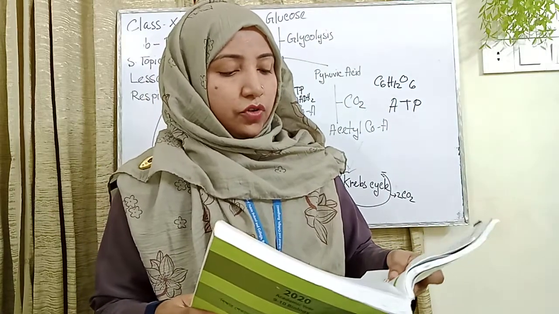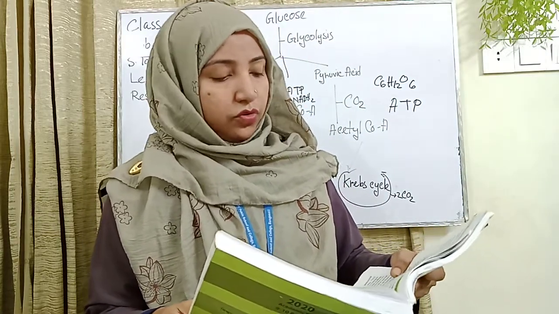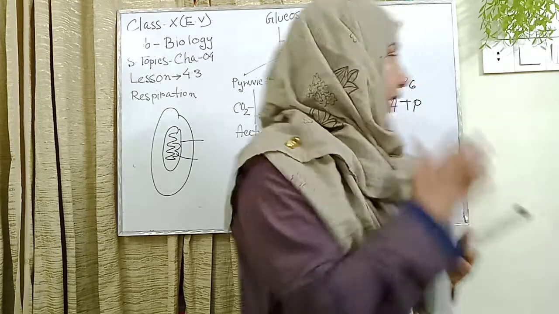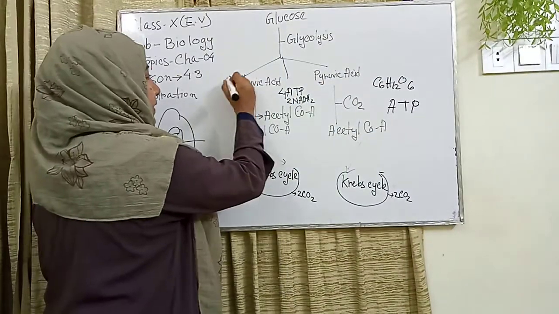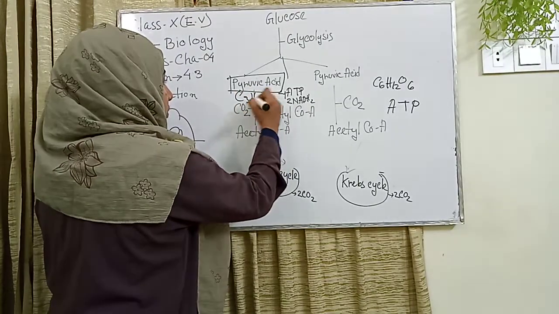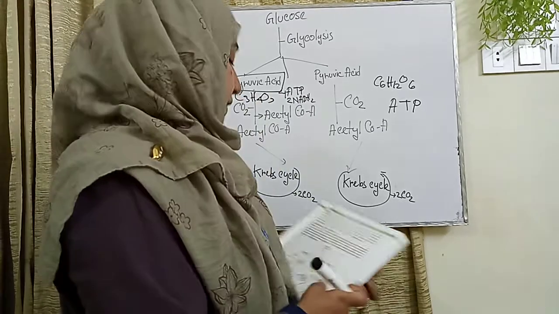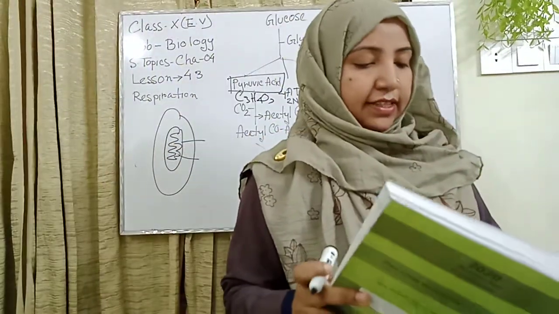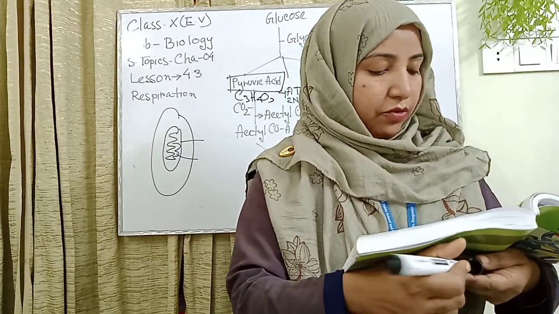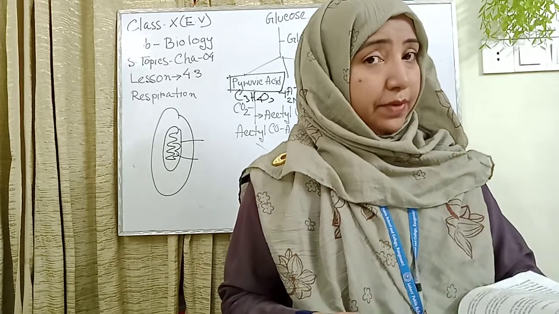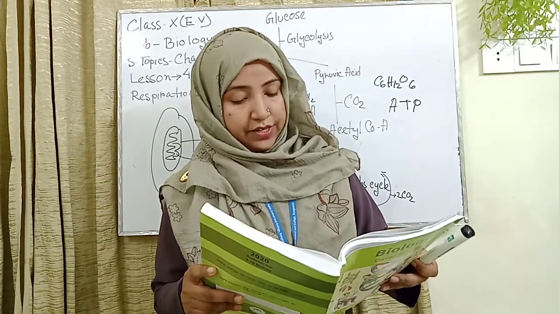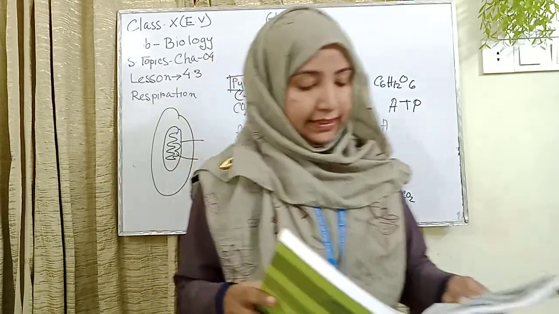First, I discuss glycolysis. When oxidized through chemical reactions, one molecule of glucose is broken down into two molecules of pyruvic acid, C3H4O3. We also get four molecules of ATP, two of which are used in this process, and two molecules of NADH plus H plus are produced in this stage.